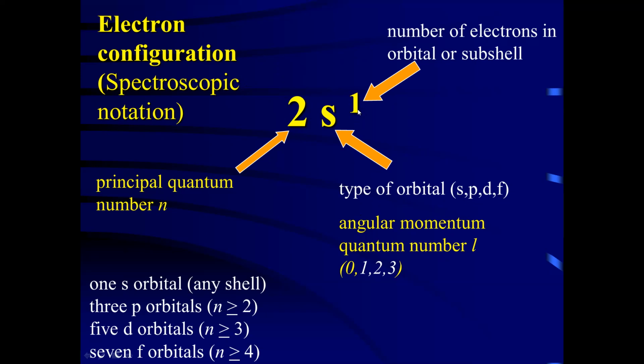The superscript number here indicates the number of electrons in that orbital. For example, if this is 1, that means there's 1 electron in this orbital. If it's 2, that means 2. For p orbital, if this one is 3 or 4, that means 3 or 4 electrons in that orbital. But an s orbital can hold a maximum of 2 electrons. We will talk about that later.